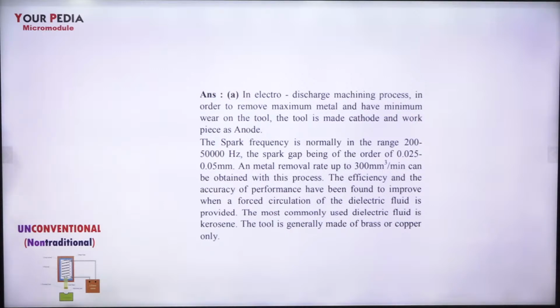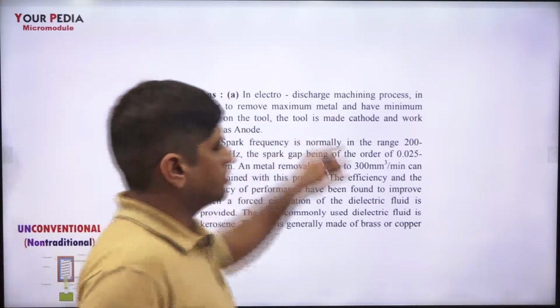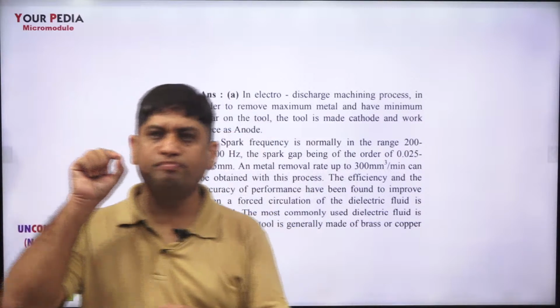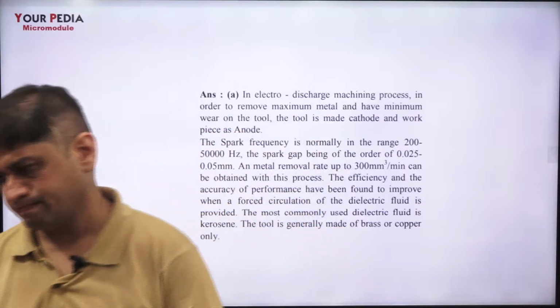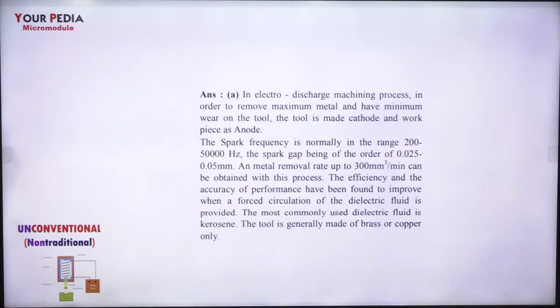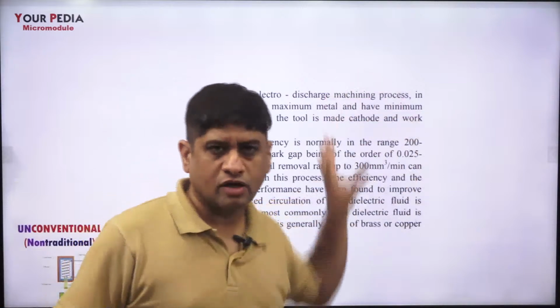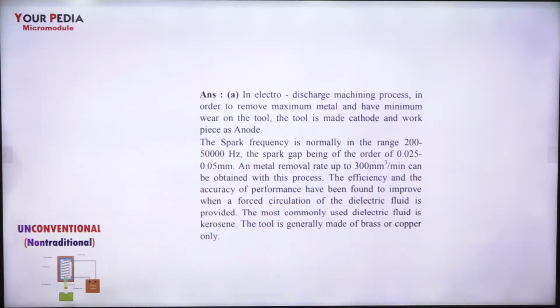If tool is made negative, electrons will impinge from tool to workpiece, so tool wear will be reduced that way. So there is a lot of information in this paragraph. Remember this information, copy it somewhere, and a question can be asked from this part.